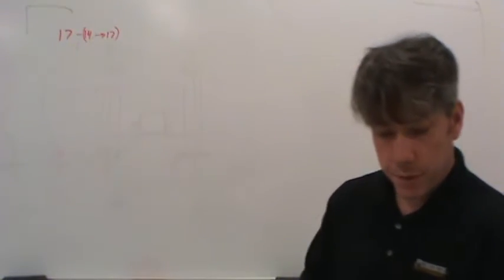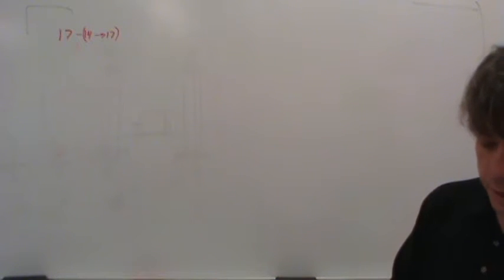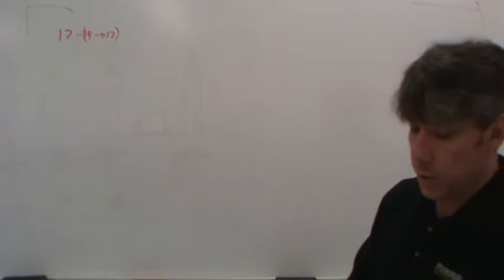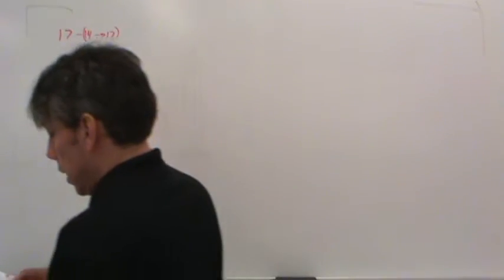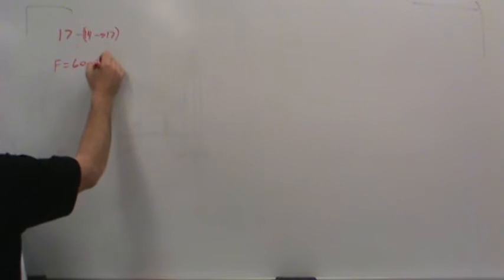Okay, page 592. A ball screw for a machine table drive is to be selected. The axial force to be transmitted by the screw is 600 pounds. So there's our F, 600 pounds.